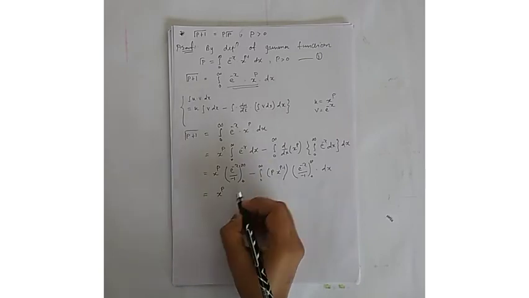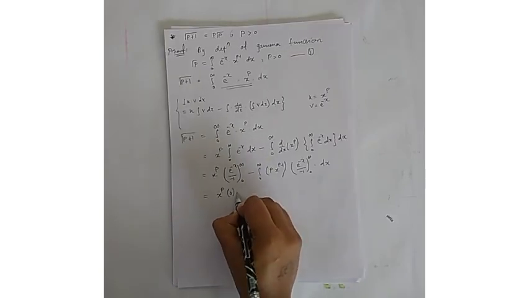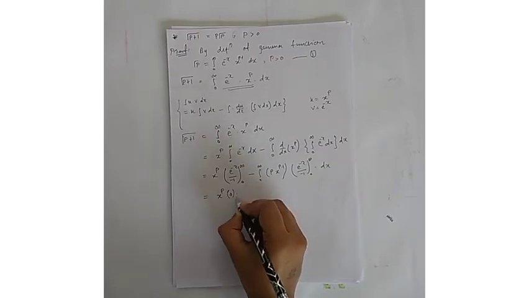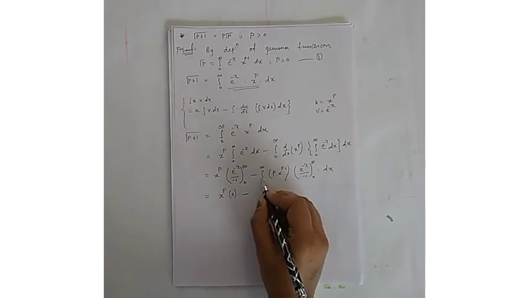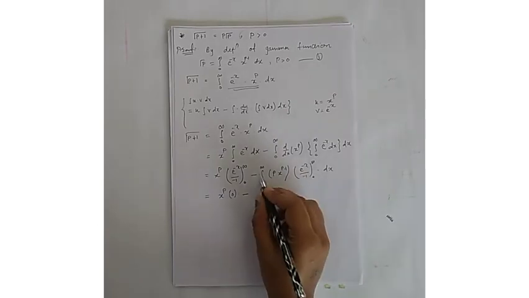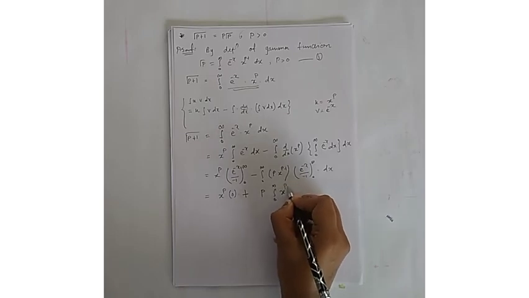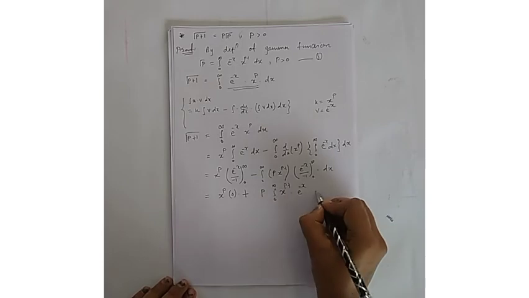plus x raised to p into 0, and minus taking outside p of integration. So p into integration, minus minus plus, 0 to infinity x raised to p minus 1 into e raised to minus x dx.